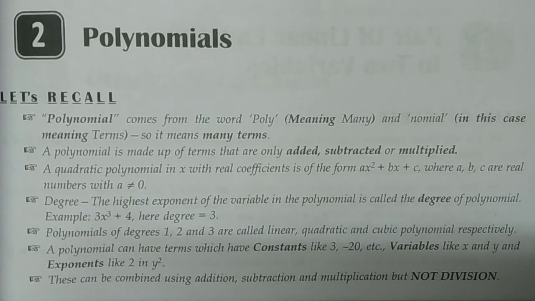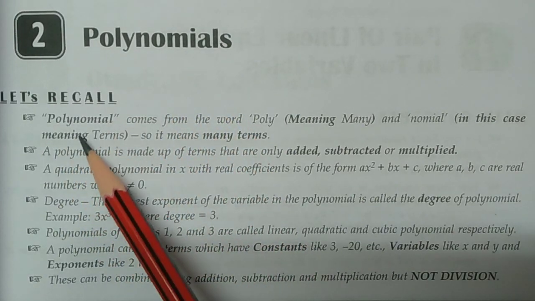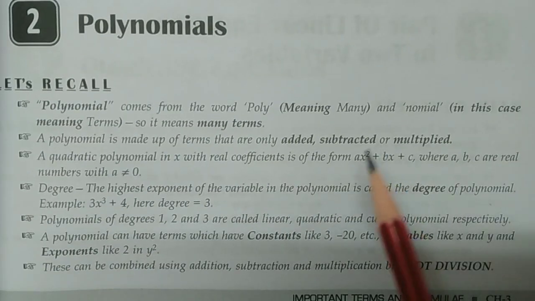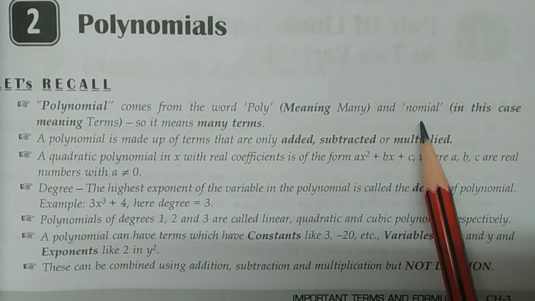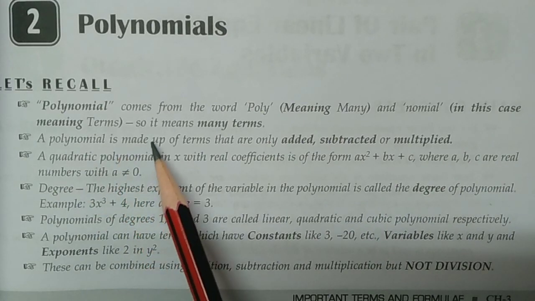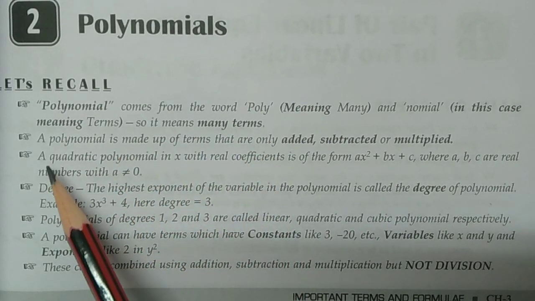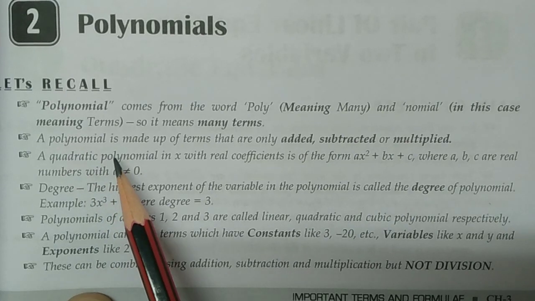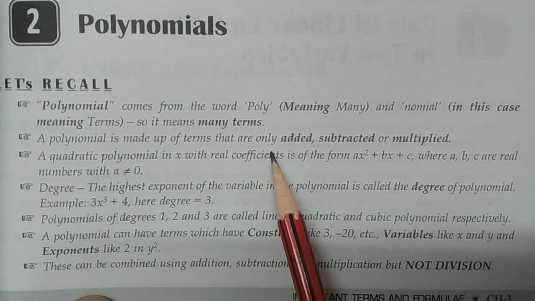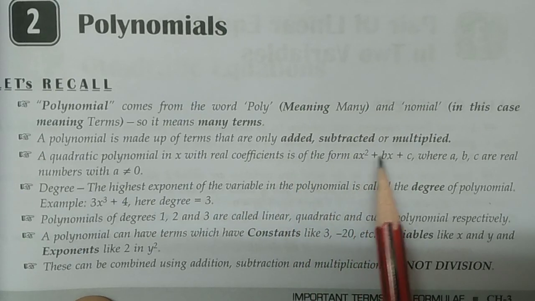So let's start. It's polynomials. So let's recall. Polynomial comes from the word poly, meaning many, and nomial, in this case meaning terms, so it means many terms. A polynomial is made up of terms that are only added, subtracted, or multiplied.